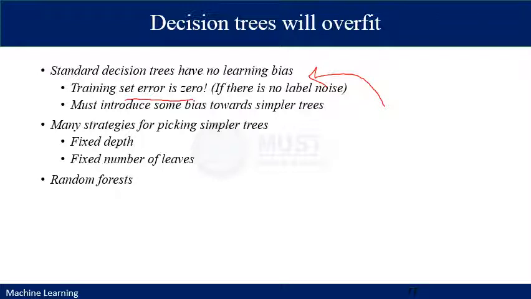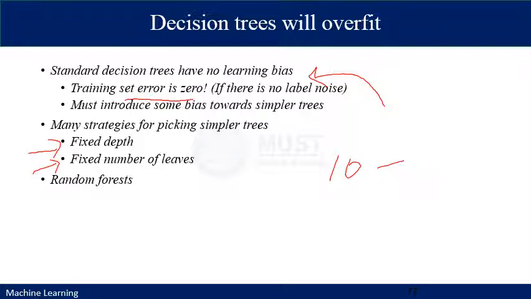There are many strategies for picking simpler trees, and one strategy is to use fixed depth trees. For example, you can put a restriction to have a tree with a maximum node depth of 10 levels. Or you can employ a fixed number of leaves in a decision tree.